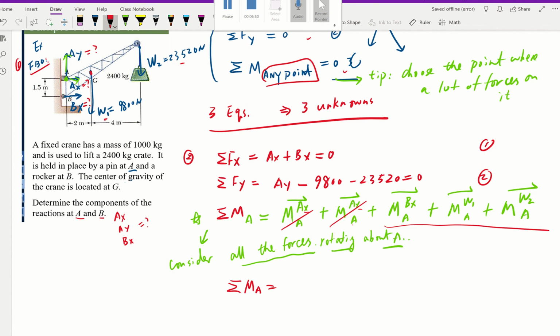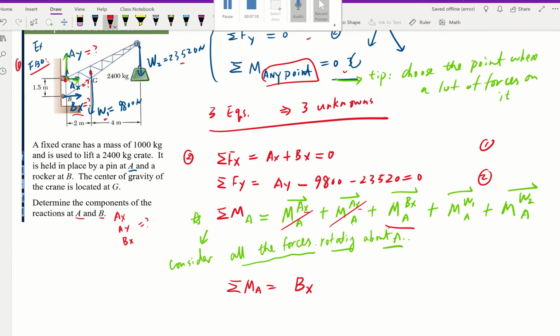First, now let's look at BX rotating about A. So BX is a horizontal force, so we do not know BX, so write down BX.